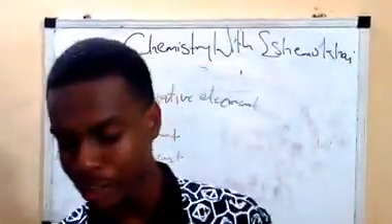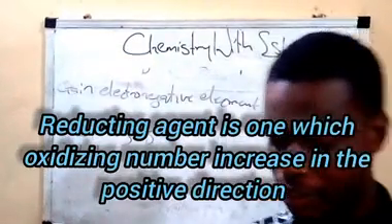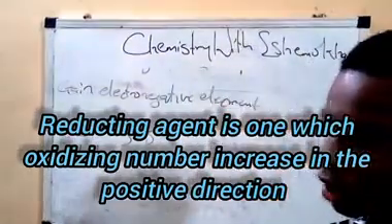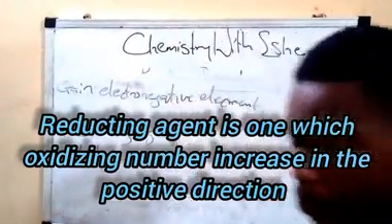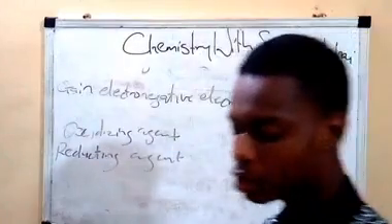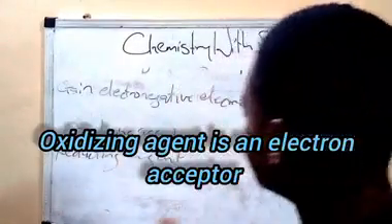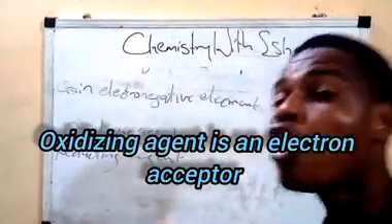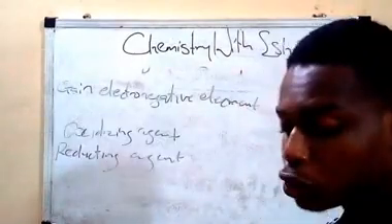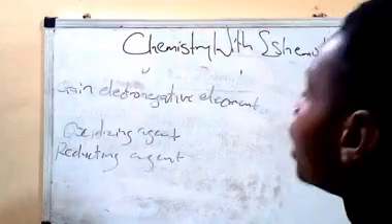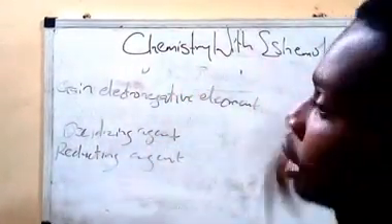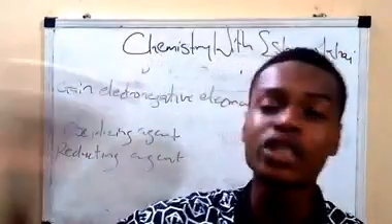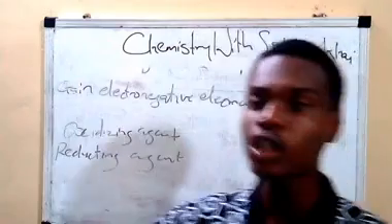Then you will now know that a reducing agent is one whose oxidation number increases in the positive direction. Another one is an electron acceptor. Are you getting me now? An oxidizing agent is an electron acceptor. But when we're talking about normal oxidation, we saw that it loses electrons. But when it comes to an oxidizing agent, it's an electron acceptor.